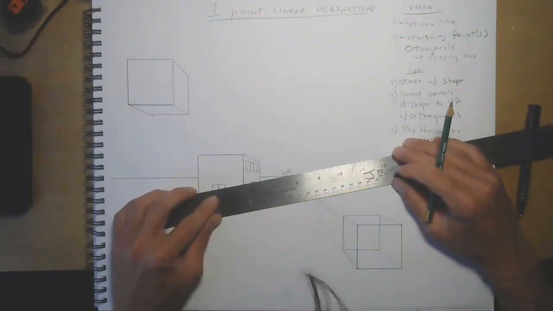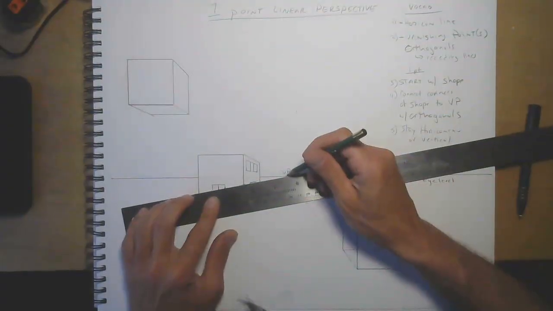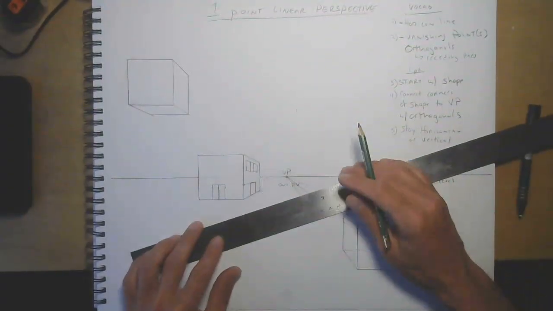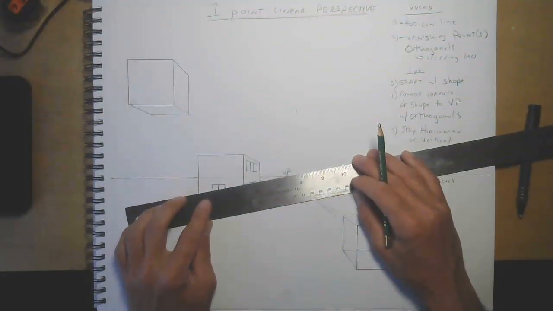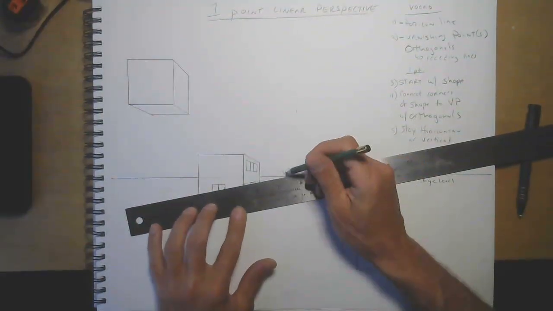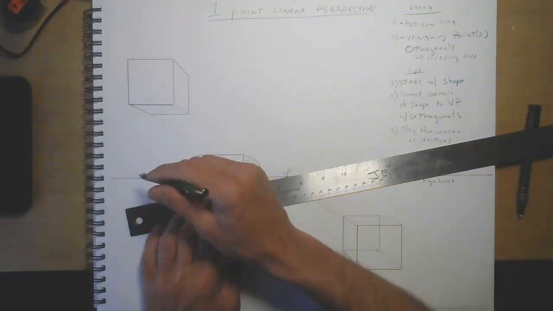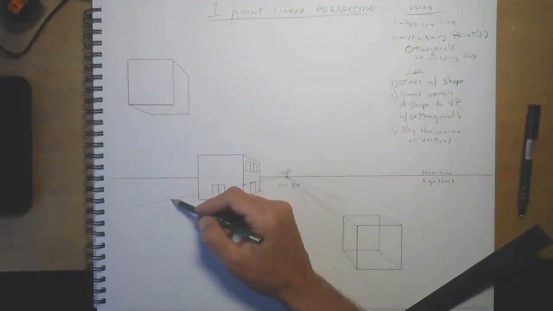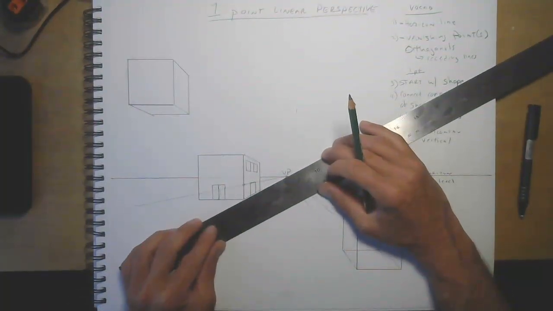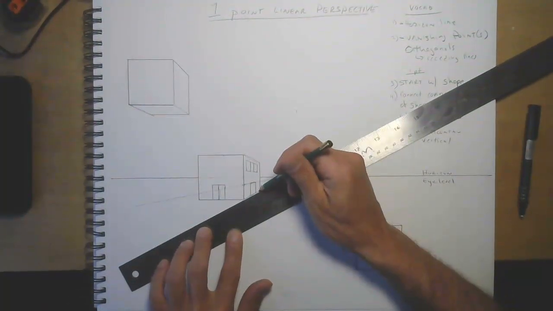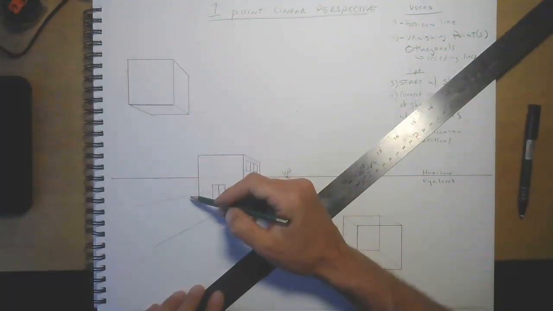That's why linear perspective is such a powerful tool, because I can connect height across multiple objects. So if I were to even radiate this line out further, I could have a series of additional doors that were all the same height all the way across my drawing.